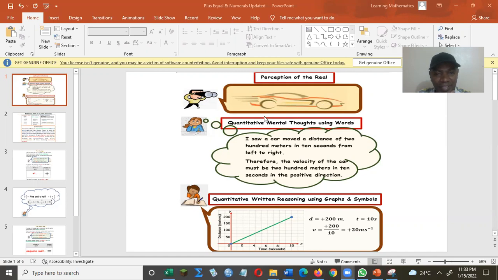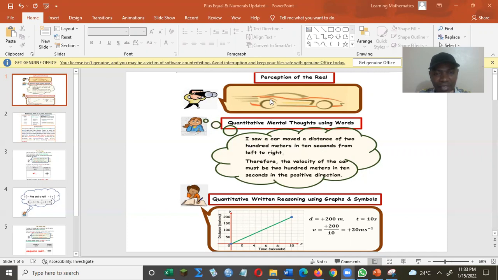However, simultaneously, there will be quantitative thoughts, quantitative mental thoughts using words. Because when we think, we use the words that we naturally speak, our native language. Here, English words: I saw a car moved a distance of 200 meters in 10 seconds from left to right.